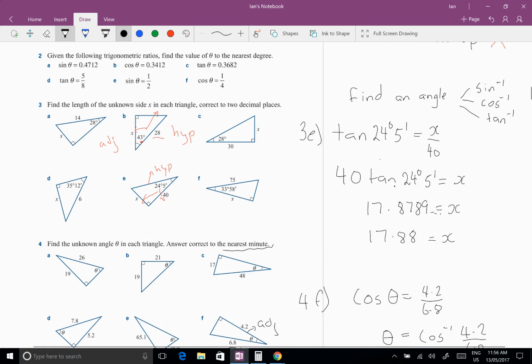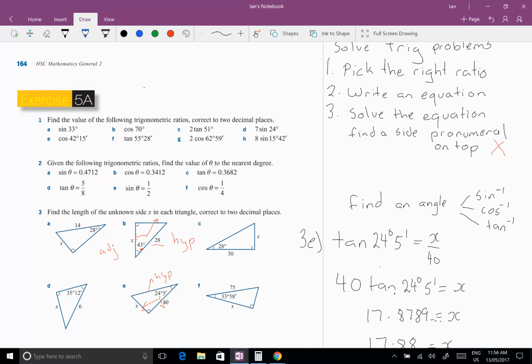So my last bit for finding a side with the pronumeral in the denominator or underneath, an easy way to remember is you divide.